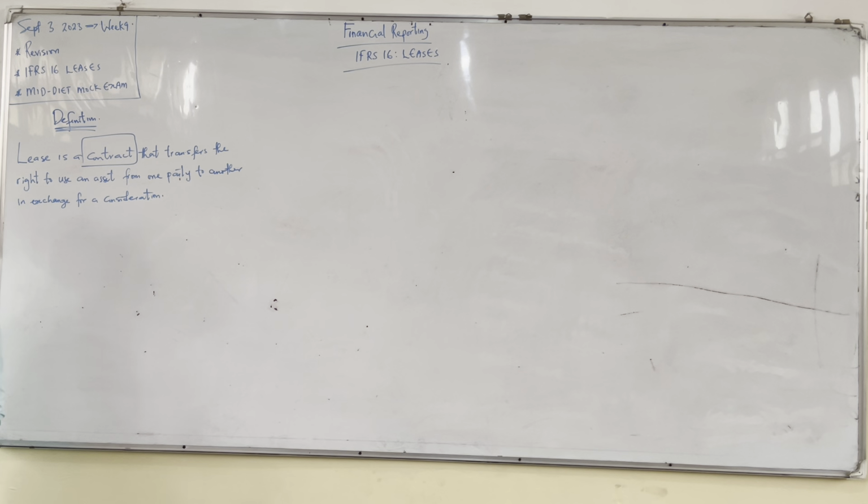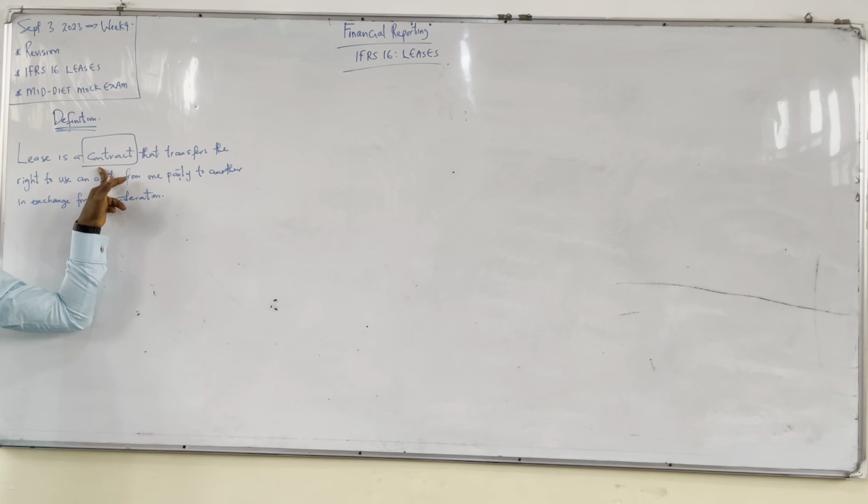And a contract is an agreement between two persons or more that has legal or economic consequences. Meaning that if one of the parties does not fulfill his own part, there could be legal consequence, there could be economic consequence. Therefore, a contract need not be in writing, but it must have legal or economic consequence.